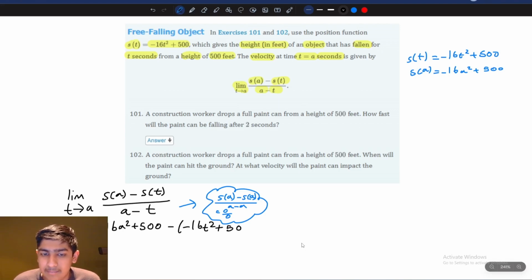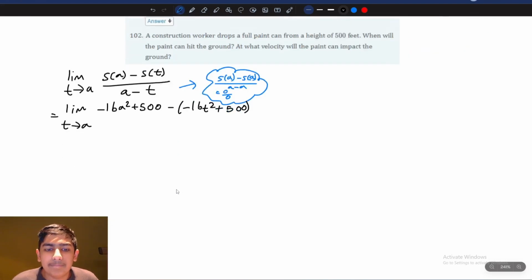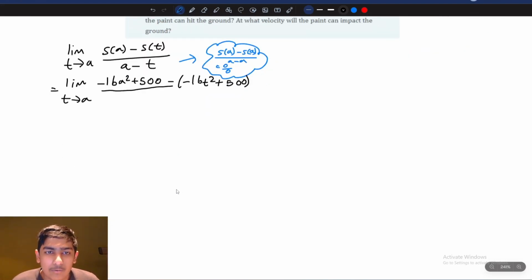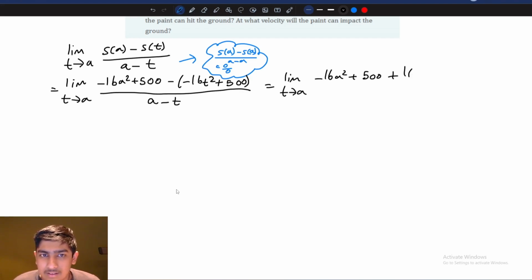And this may not seem like, oh, what's the point in writing this? This is not going to change anything. Well, just wait. We're going to have this all over a minus t. Just to save space, I'm going to rewrite the limit as t approaches a of negative 16a squared plus 500 plus 16t squared minus 500 over a minus t.